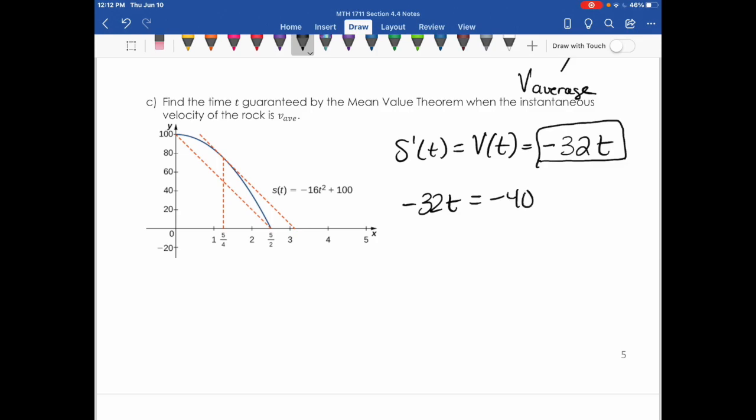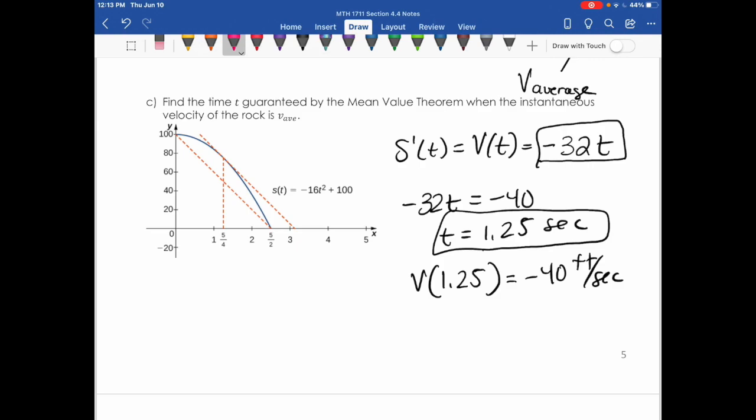So I'm going to take negative 32t, set it equal to negative 40, and I'm going to solve for t. And I'm going to get t equals 1.25 seconds. So that means at 1.25 seconds, the instantaneous velocity is exactly negative 40 feet per second.